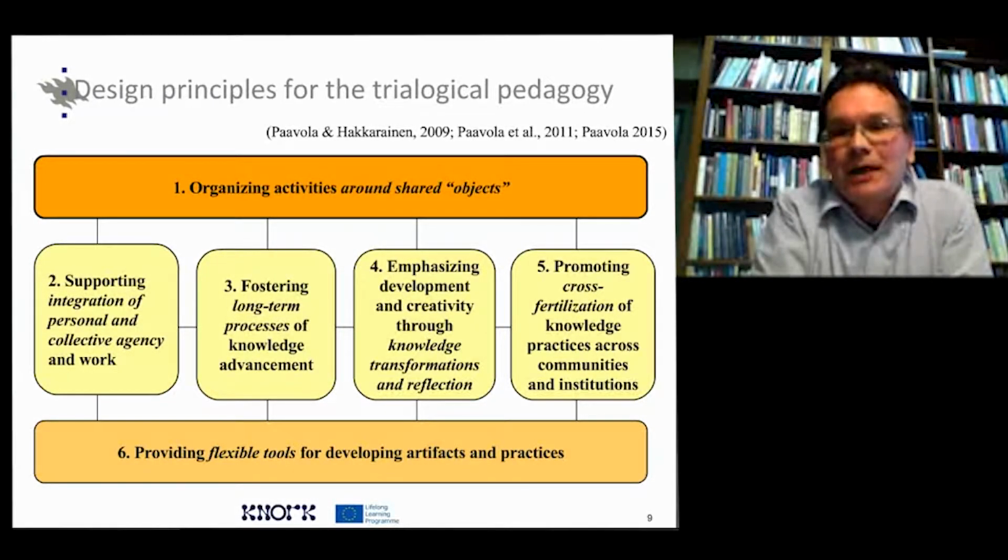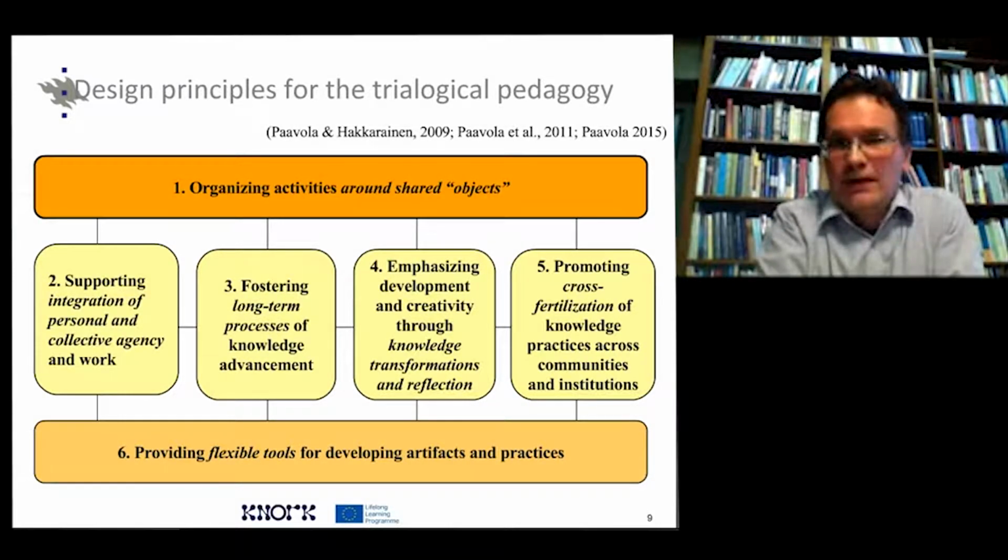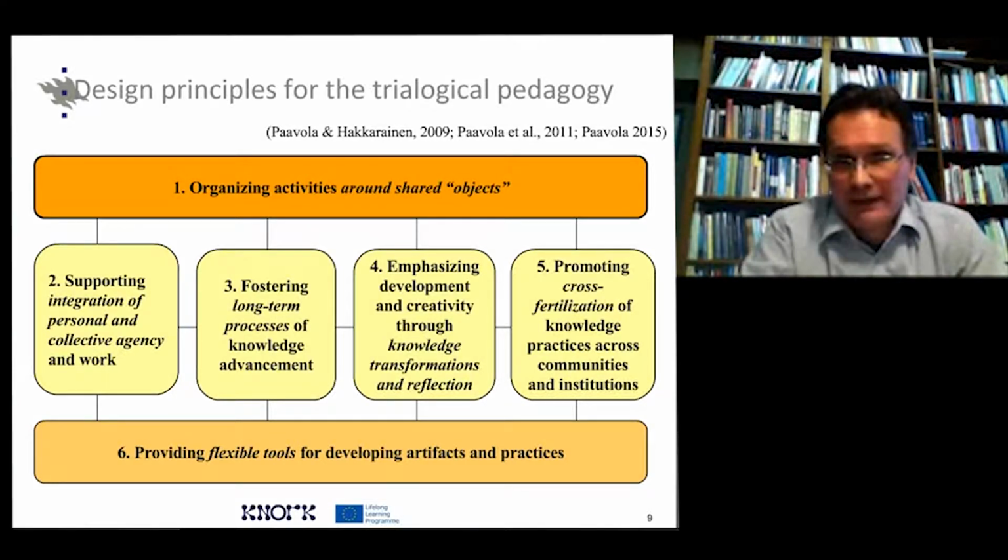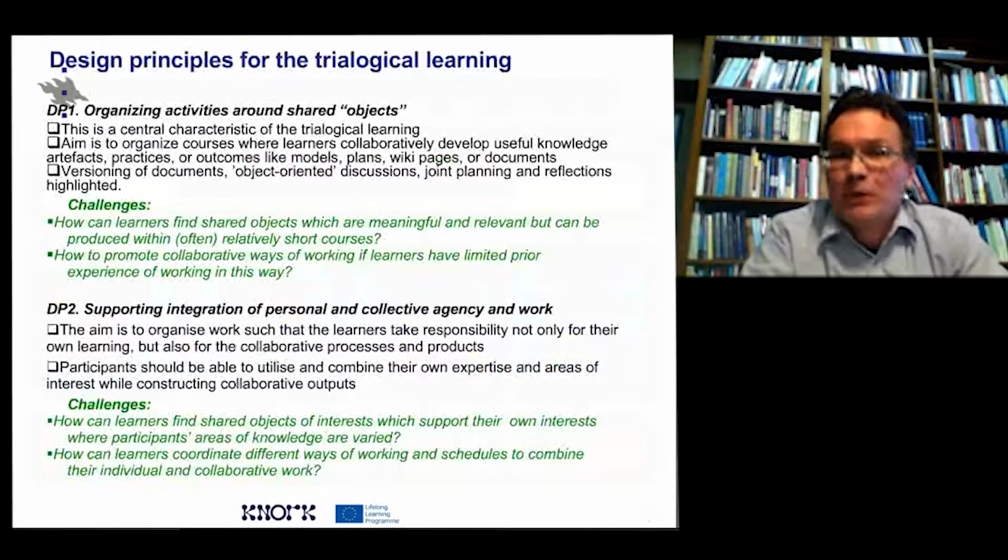So as I said, and what I have already explained here, the first one is a main idea or characteristic of trialogical learning: the aim is to organize courses or seminars, or whatever the context is, so that people collaboratively develop some things, modify, version, build on each other's work and really co-create or co-construct things together.